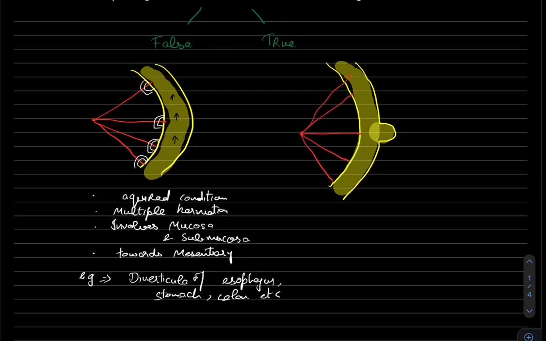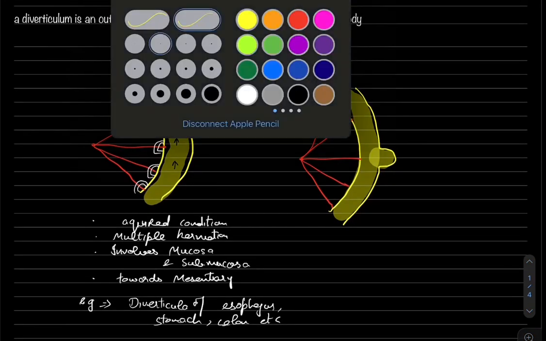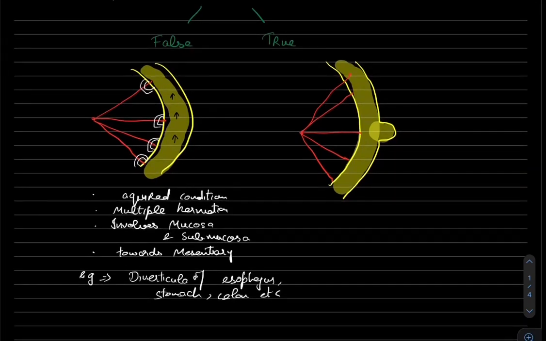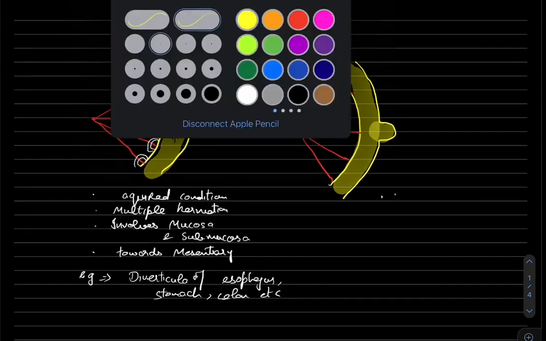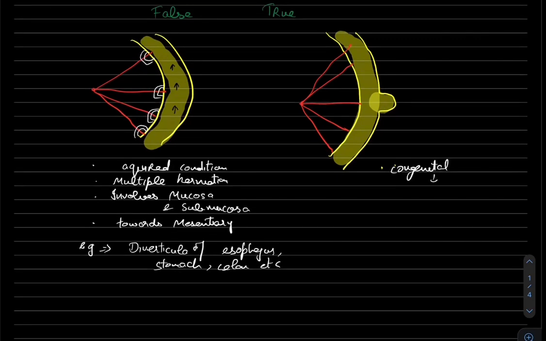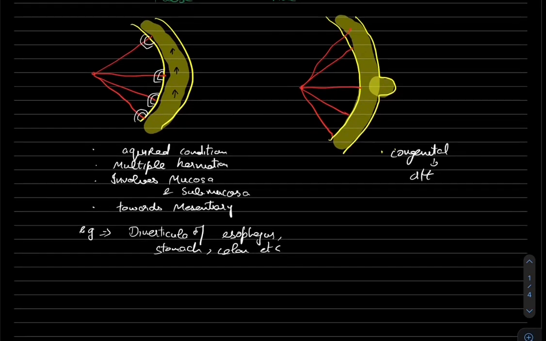Okay, see, herniation is there. You can tell this one is congenital, due to the presence of the vitelline intestinal duct.